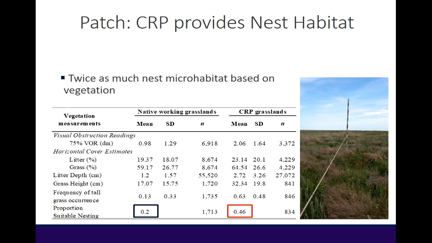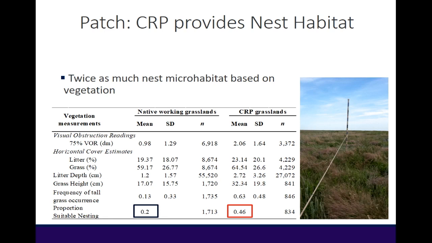So when we zoom in on the patch scale, we collected a substantial amount of data at random vegetation locations within CRP fields and within native working grasslands. This microhabitat within these CRP patches, we're looking at about a 4-meter radius around a Robel pole.